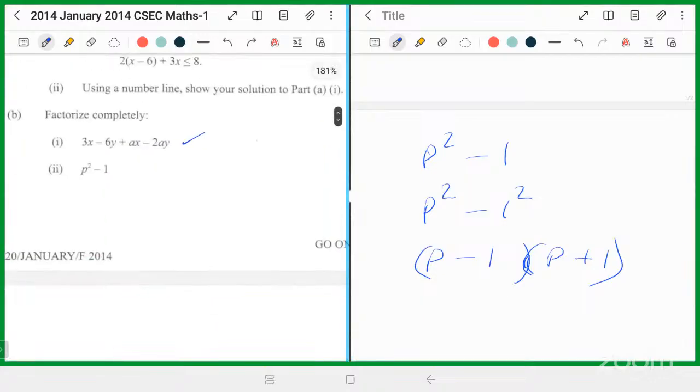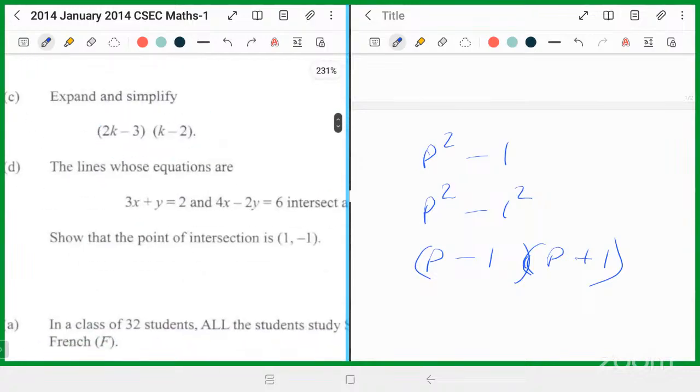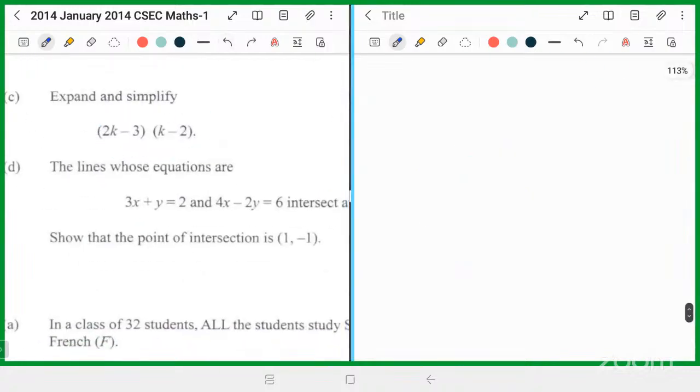Alright, we'll move on. Part C wants us to expand this. Let's go. So we have 2k minus 3 times k minus 2. Alright, so expansion basically goes like this. This times this, and that times that.